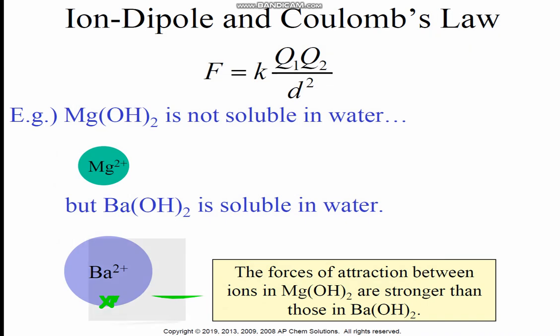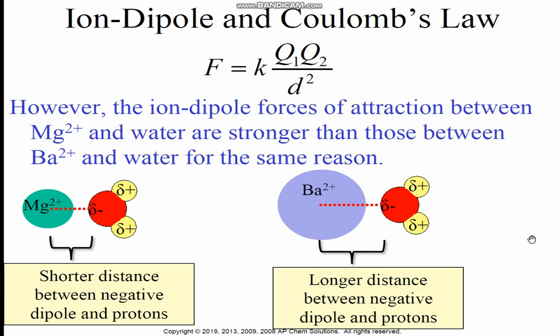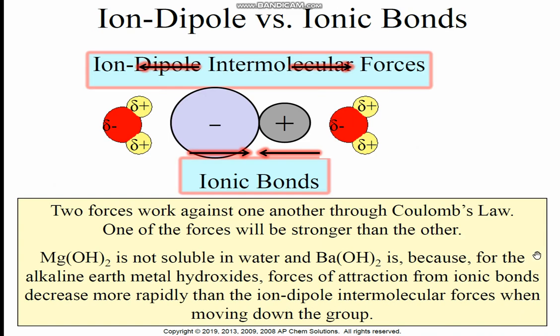The general rule of thumb here, let me show you, is the ion-dipole form of attraction, and here's your little diagram. The ion-dipole forces of attraction between magnesium and water are stronger than the ones between barium and hydroxide because of that distance, and we've discussed that before.